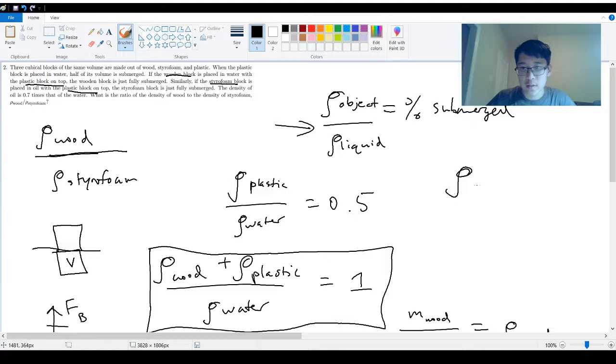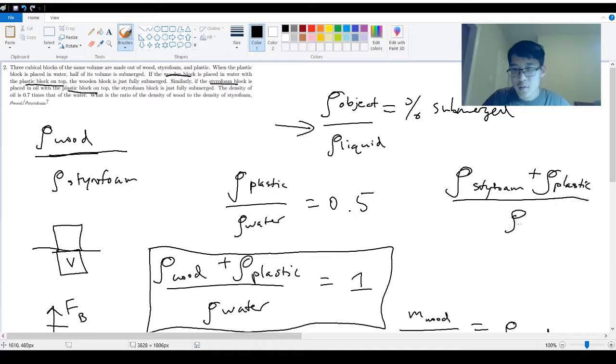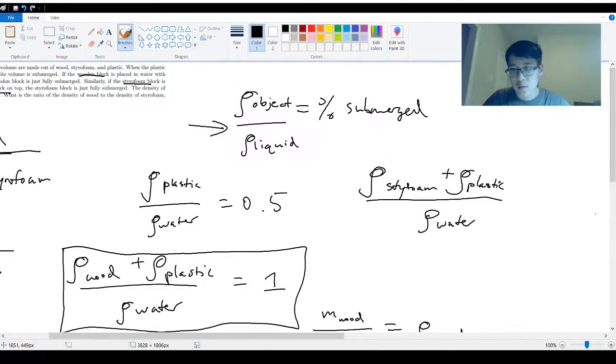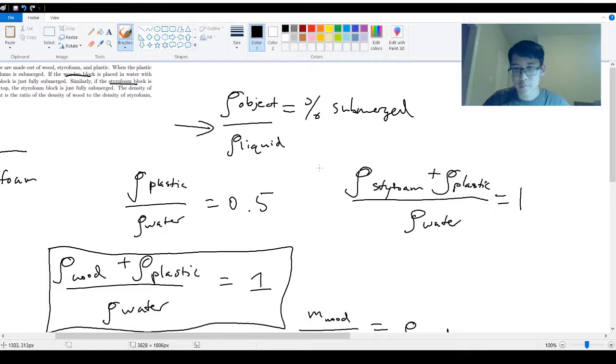We get that the density of styrofoam plus the density of plastic divided by the density of water. This also equals 1.